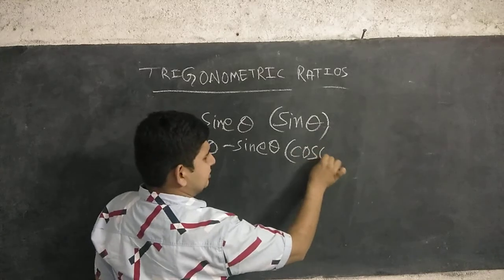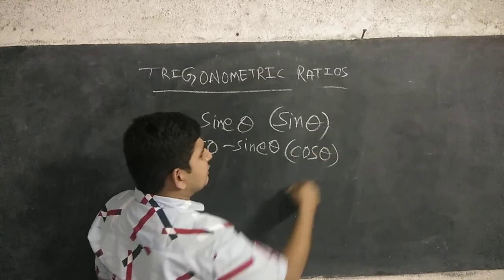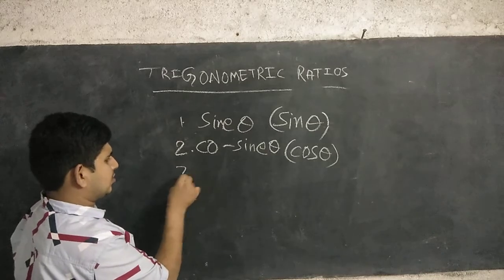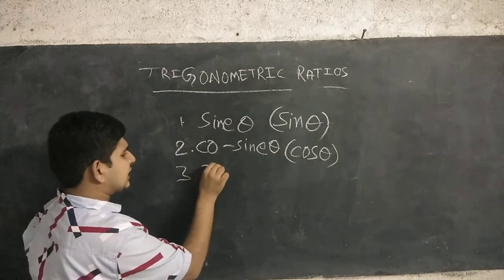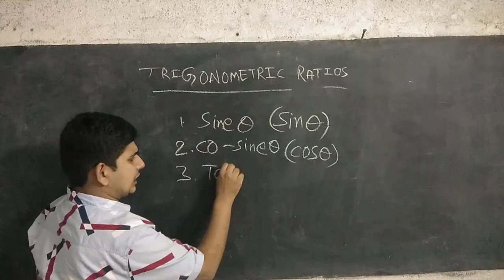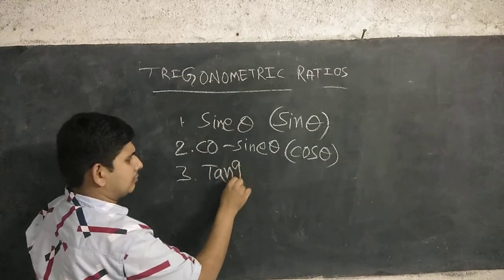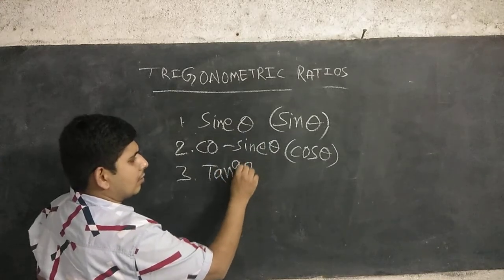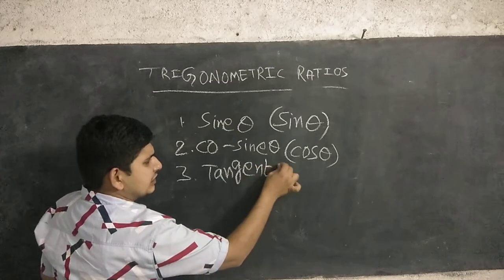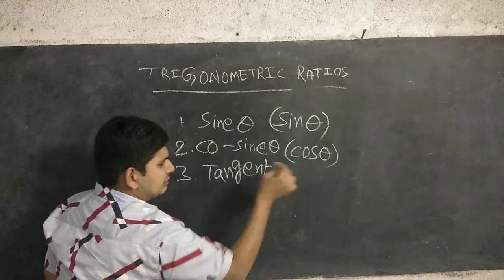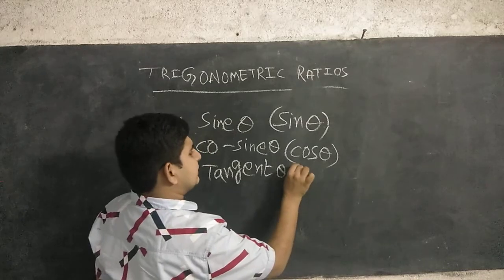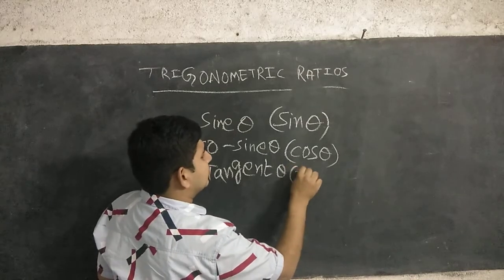Next one, tangent theta, which in short you can write as tan theta.